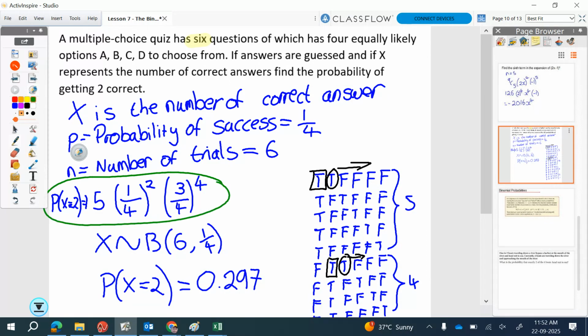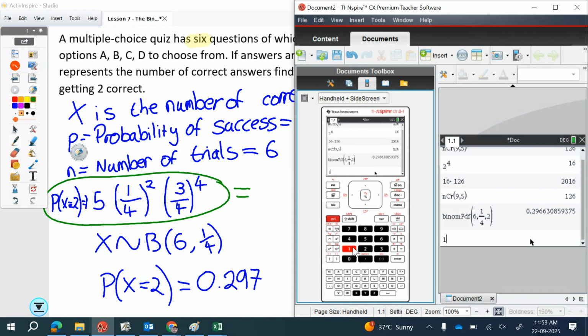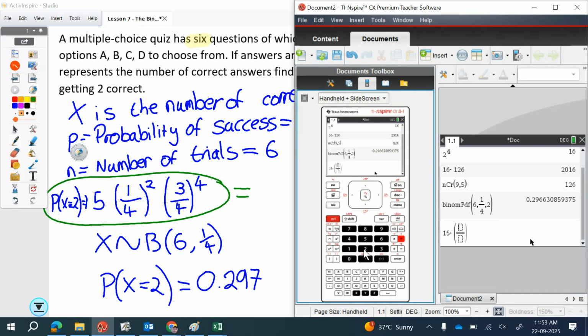What was this? We never calculated it. Let's try it now. So the manual version was 15 times 1 over 4 squared times 3 over 4 to the 4th.